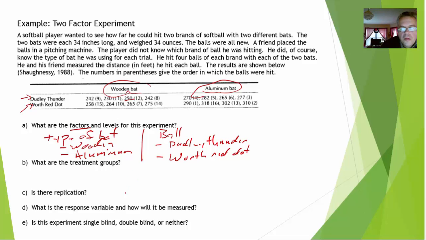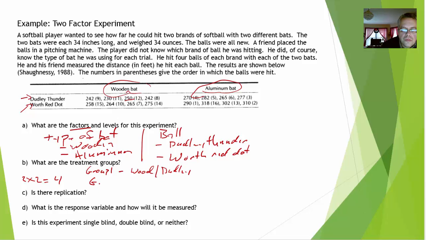Now, we have 2 factors and 2 levels each. So that means there are 4 treatment groups. 2 times 2 equals 4 treatment groups. So group 1, or treatment 1, would be the wood bat and the Dudley.